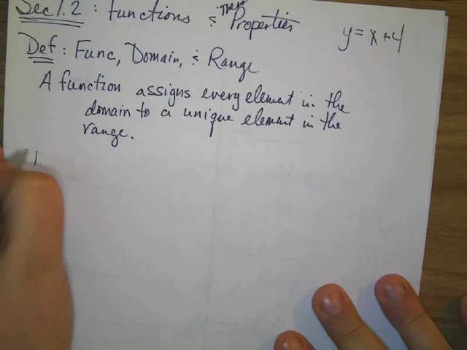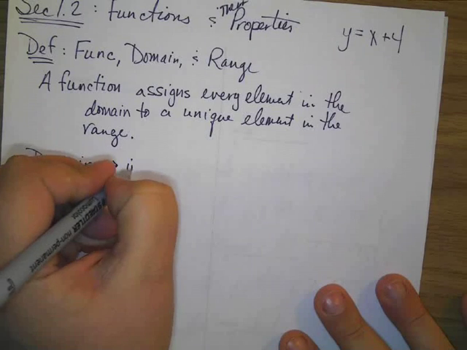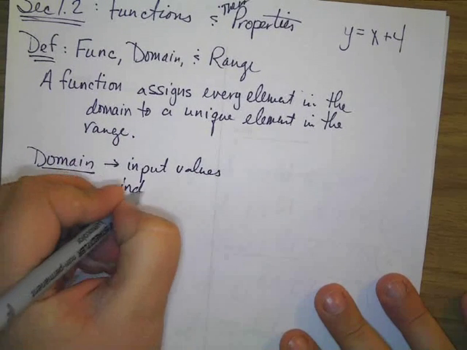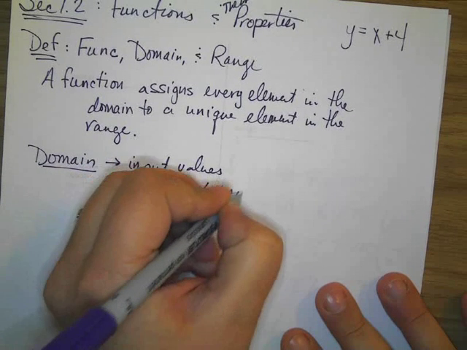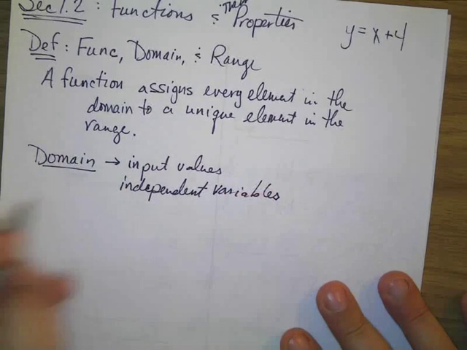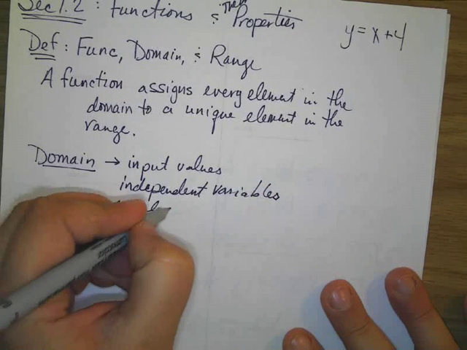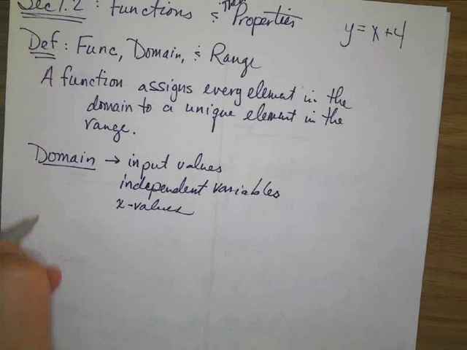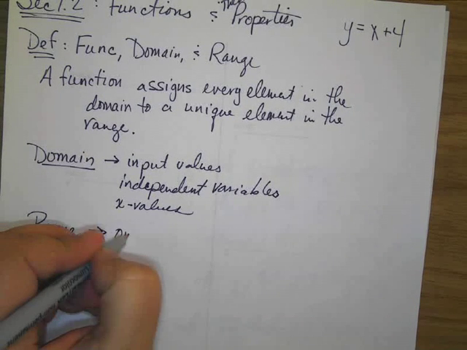And domain, we consider these the input values. We consider this the independent variable values because we're going to use a lot of y's and x's. These are the x values. And range are the output values.